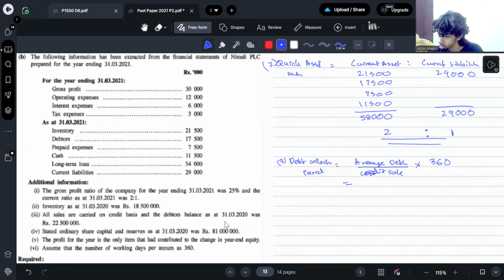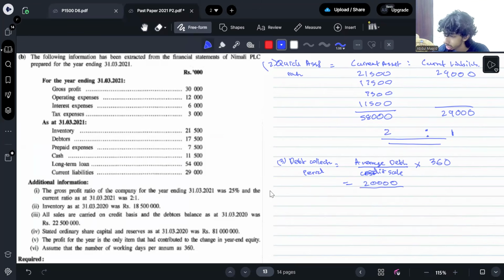Opening debtor balance 22,500. Closing debtor balance 17,500. Now, how do you find average debtor? Opening debtor 22,500 plus closing debtor 17,500 divided by 2. That is 20,000. Divide by credit sales.